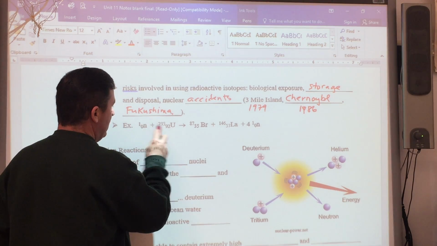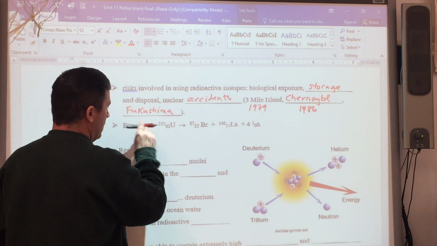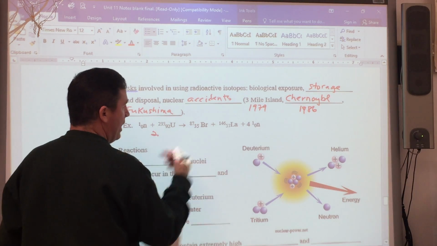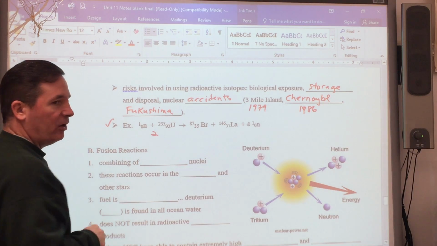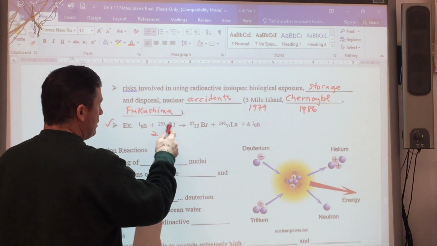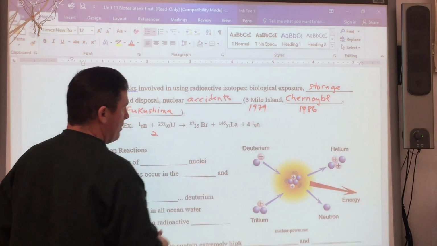That means I'm hitting this with this. So if there are two reactants and then you end up with products, it's going to be an example of an artificial transmutation. In this case, it is a fission, because I start with something big and I end up with smaller things.